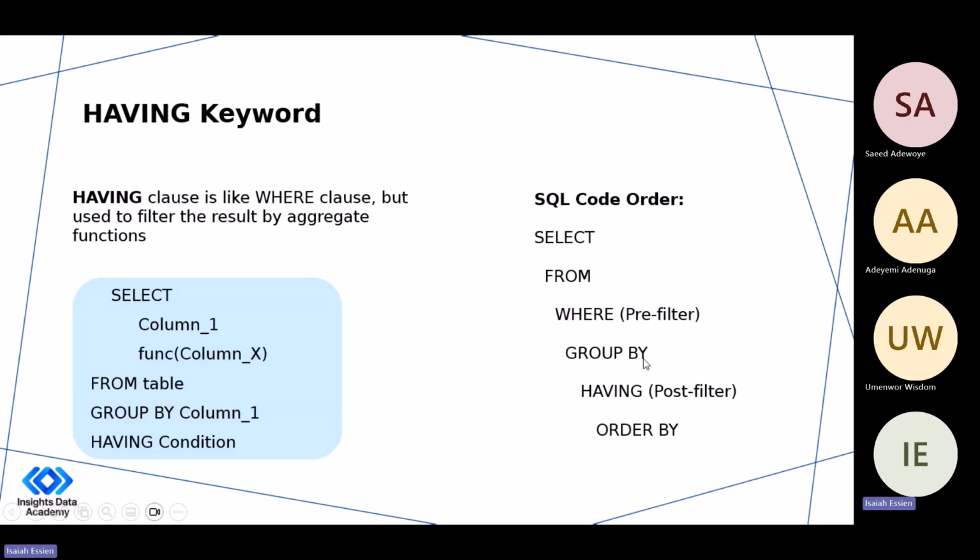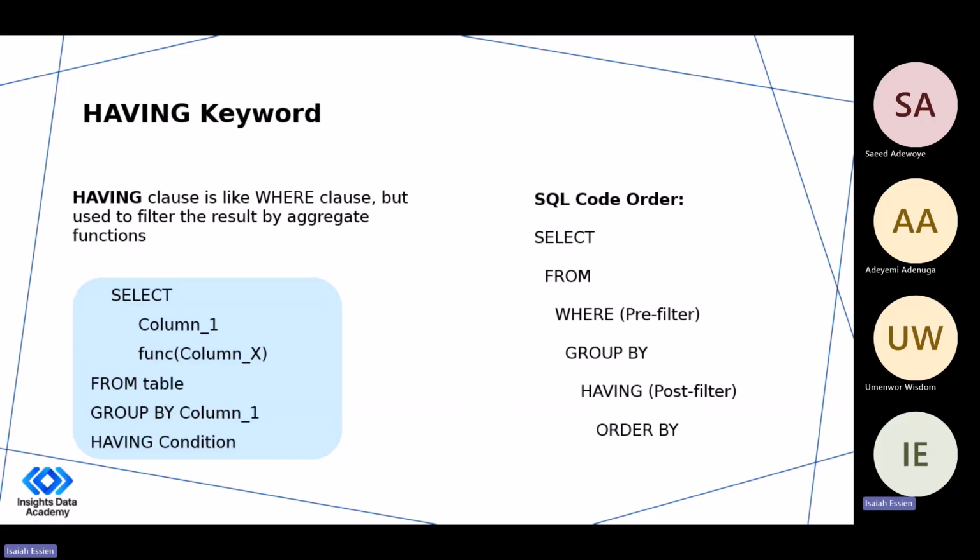After applying the aggregate function on each group, it then filters using the condition in the HAVING keyword. After doing that, to combine all your outputs together, it orders by the column that you have in the ORDER BY. ORDER BY can be used for columns, and it can also be used for aggregate functions. So that is why this is the order in which you are supposed to write your code.